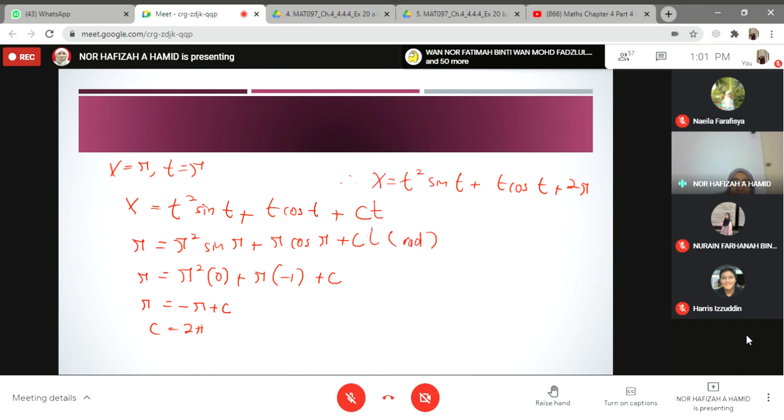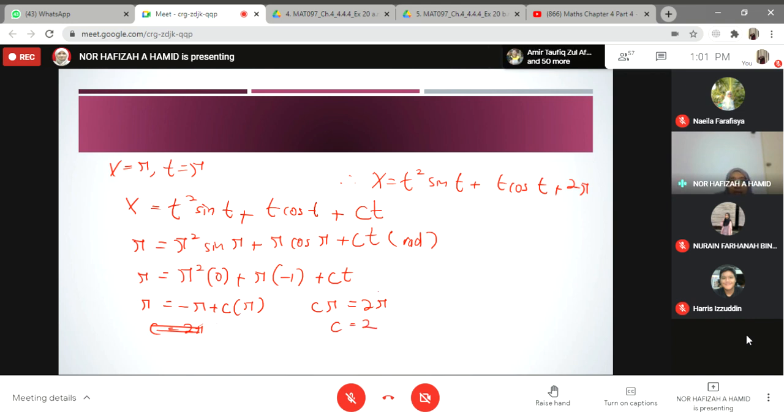So substitute T dia dengan pi. So kat sini CT. So kat sini ada pi lagi sekali lah. So you will have C pi. Okay, betul. So nanti you akan dapat C pi equal to 2 pi. So you boleh cancel pi, C is equal to 2. Okay.